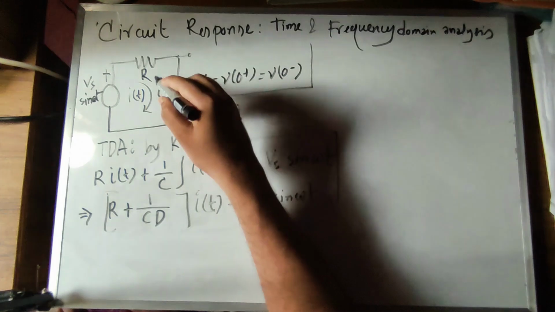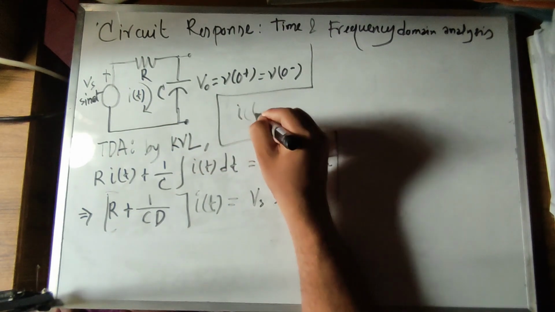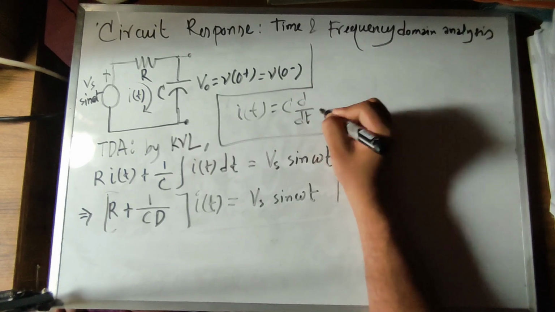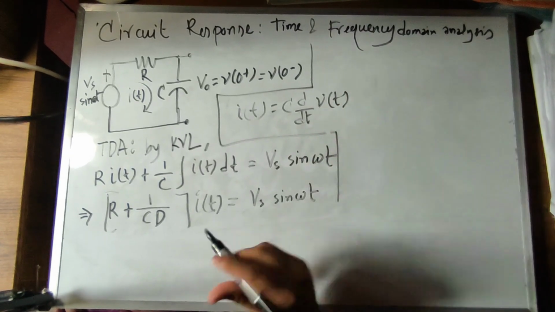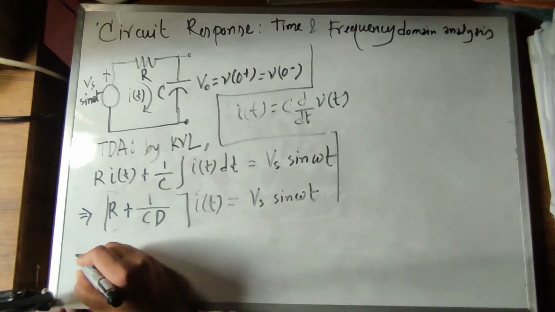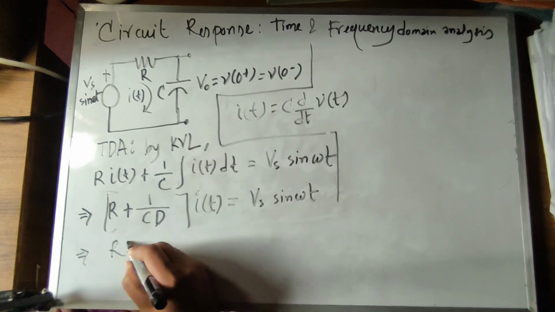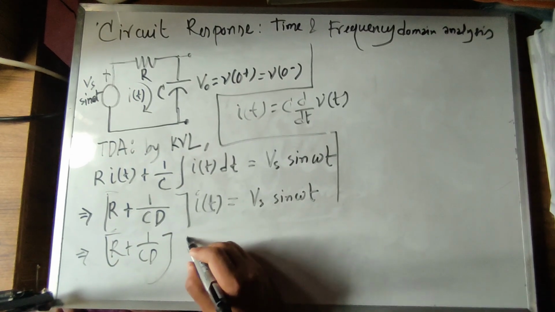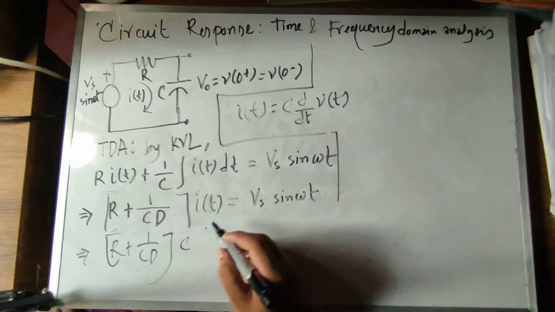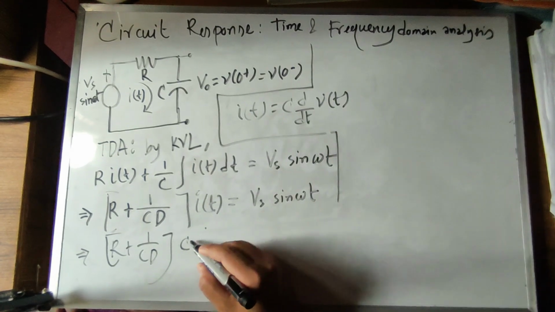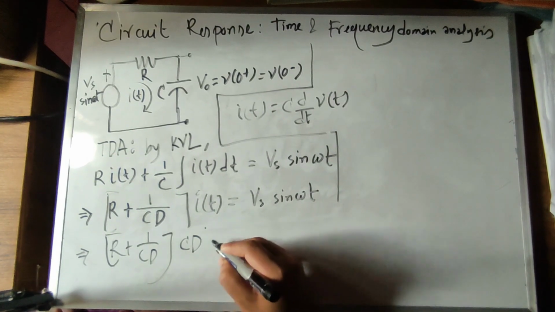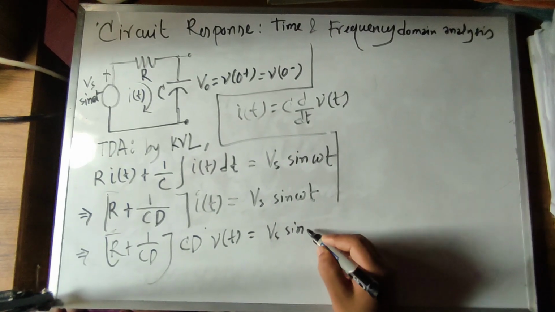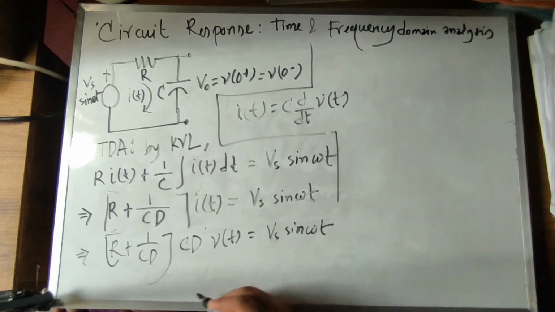We know that the current through the capacitor is i(t) equals C d by dt V. So we are gonna plug this value. So R plus 1 by C D, with C times the differential operator D and V(t), which will give Vs sine omega t.